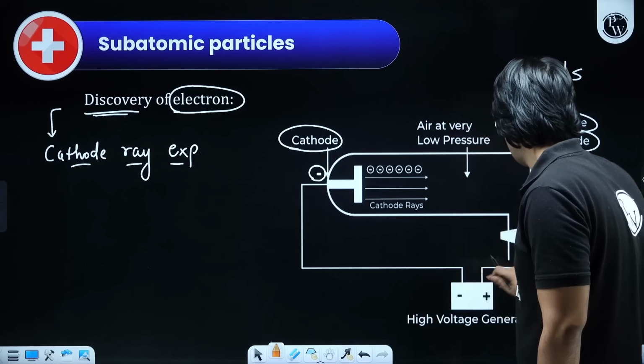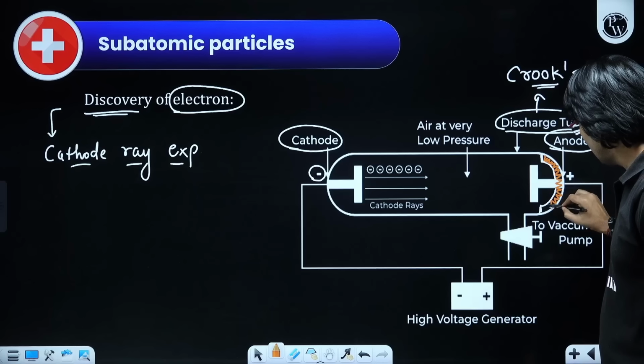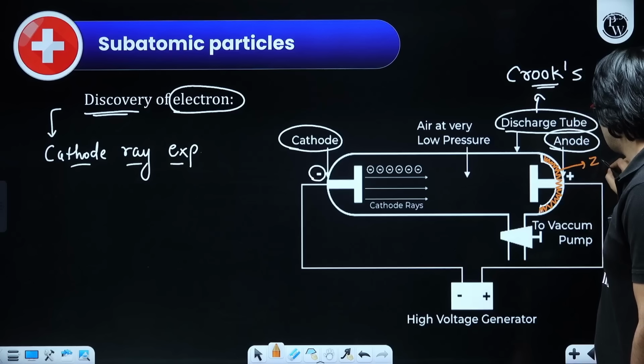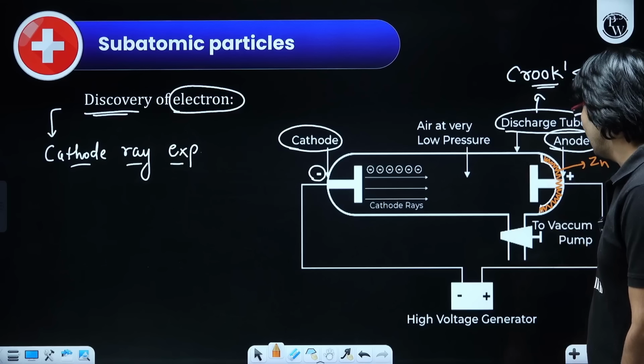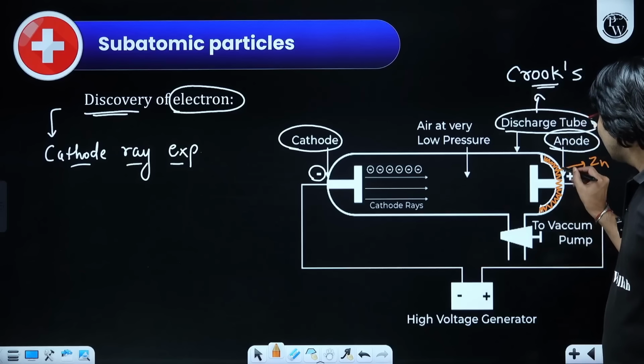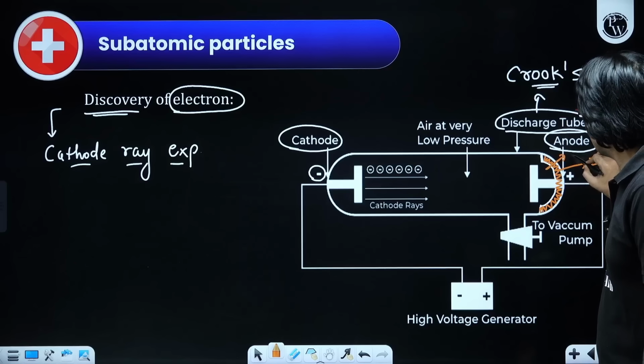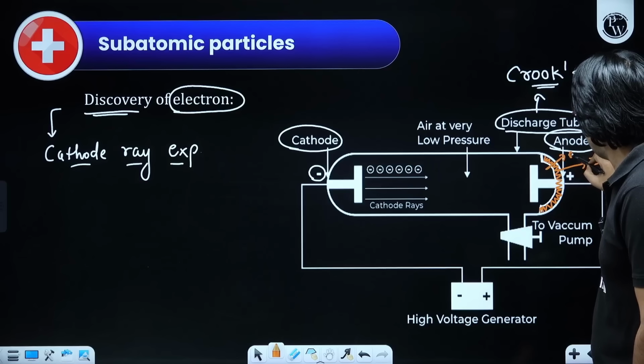Fluorescent screen is made up of zinc sulfide, and that zinc sulfide screen was placed behind the anode. When we switched on the power supply, we noticed that the fluorescent screen is glowing. It is having a bluish green appearance.